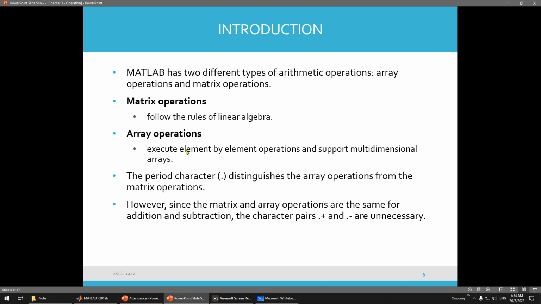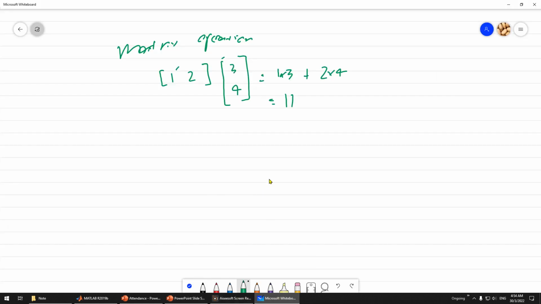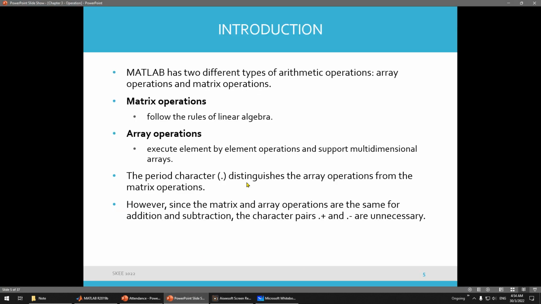What about array operation? Array operation is different from matrix operation. Maybe I should just show you. I think after this they have the example. So the difference is the dot. For matrix operation you don't have to use dot, for array operation you have to use dot. But for plus and minus it is unnecessary.